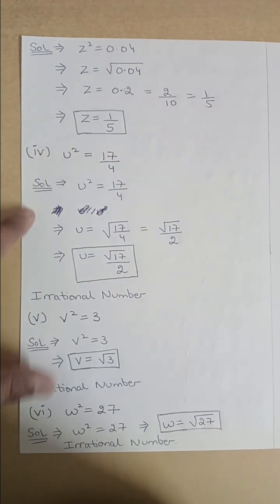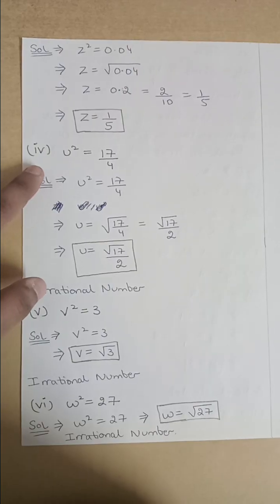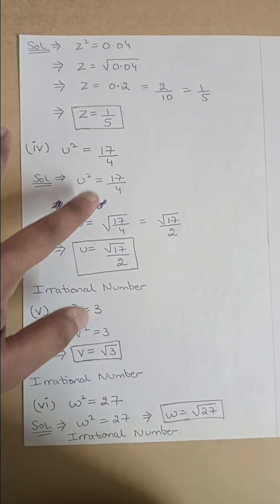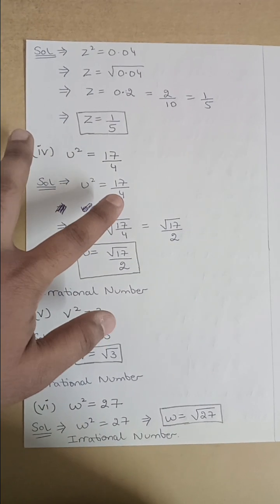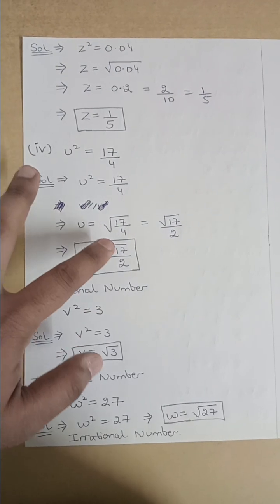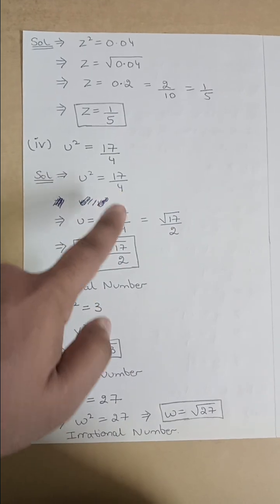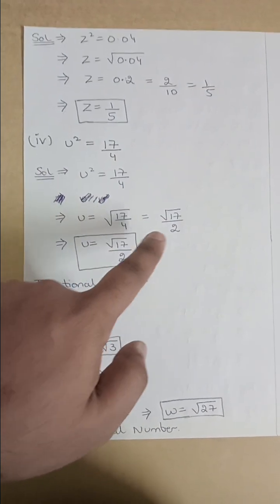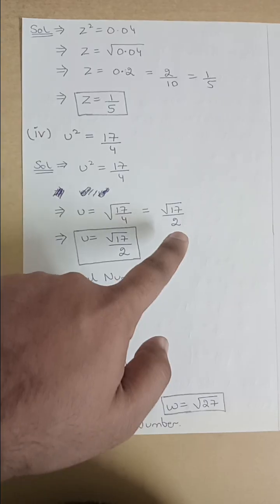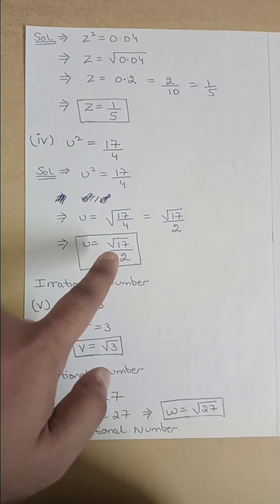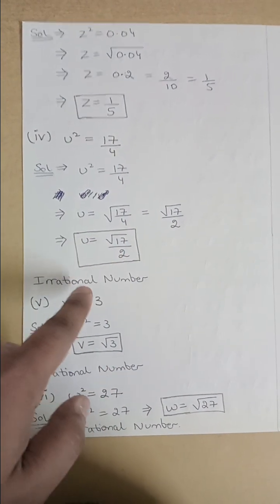So z is 1 by 5. Fourth, u square is equal to 17 by 4. So u becomes root 17 by 4, which is root 17 upon 2. So u comes out to be root 17 by 2.